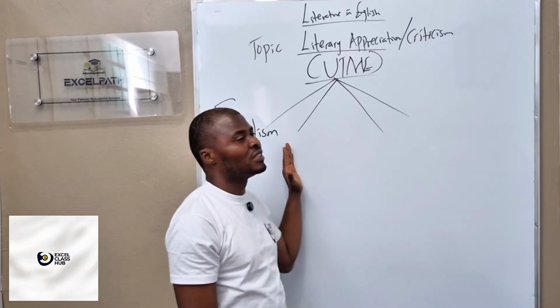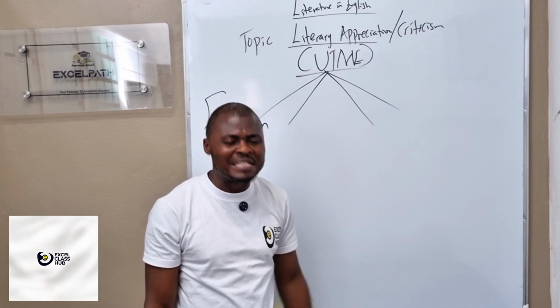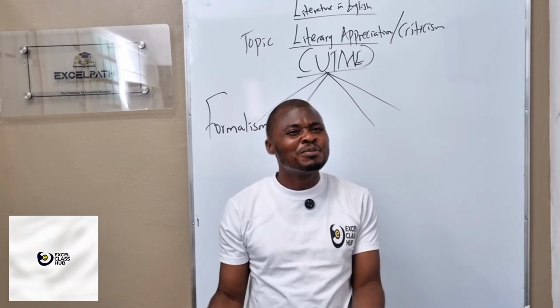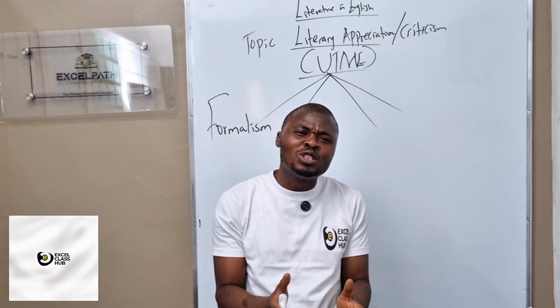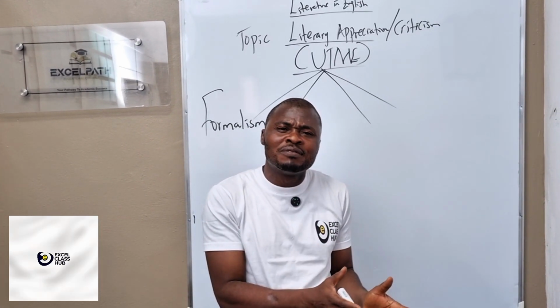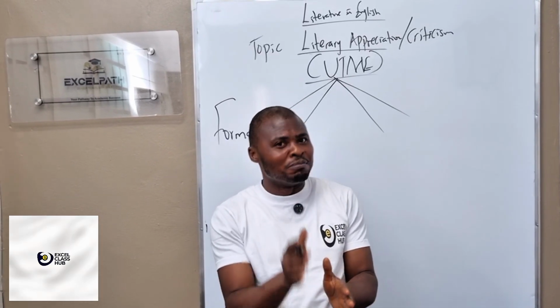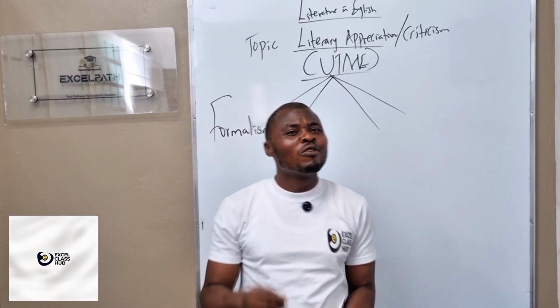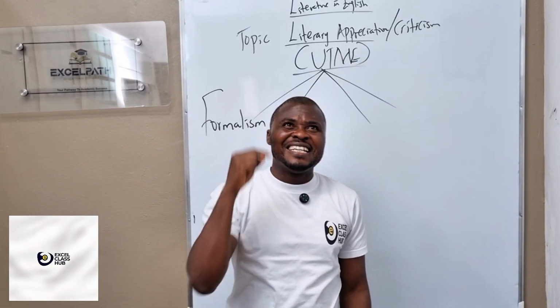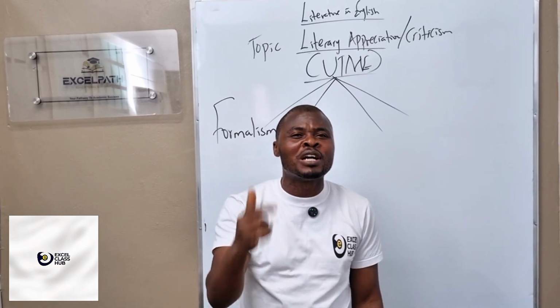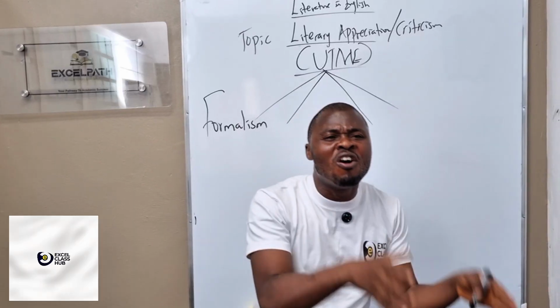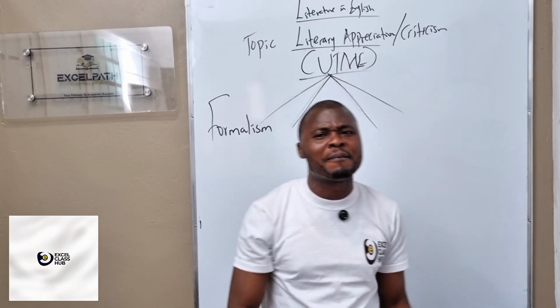Now, before we move to the next criticism, what is formalism? Something like formal, right? You can guess? Yes. Can we also reduce formal into the smallest level? That's form. Now, that's where we are going. So, formalism means interpretation or understanding of a literary work based on its form.